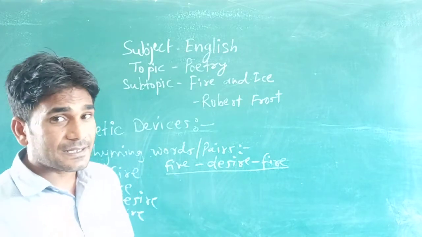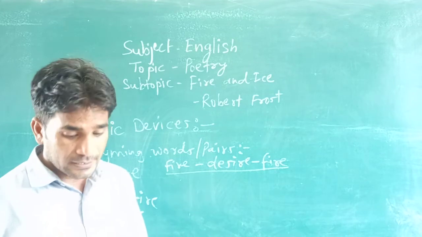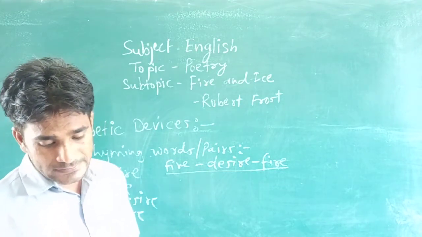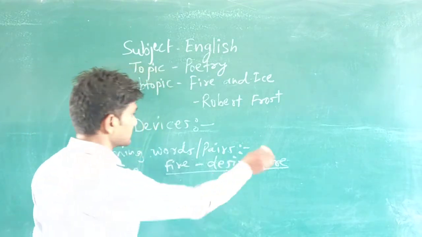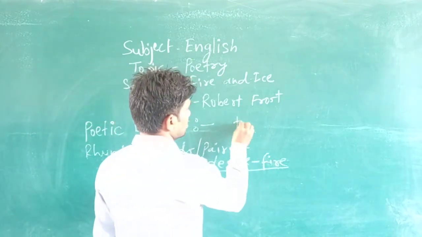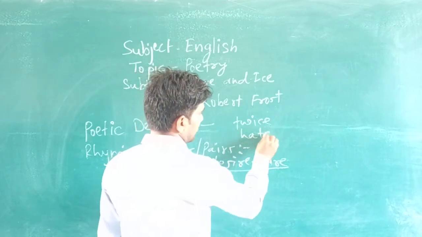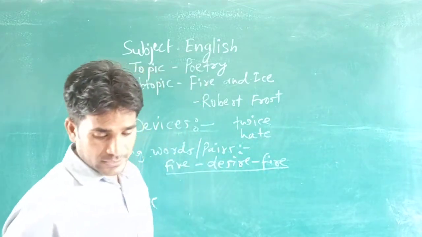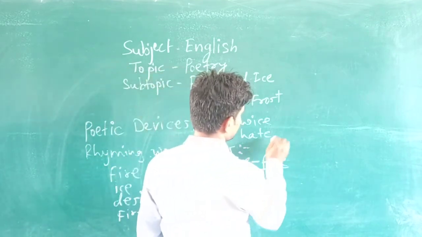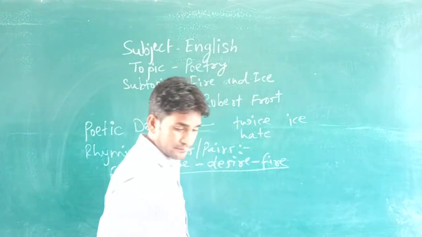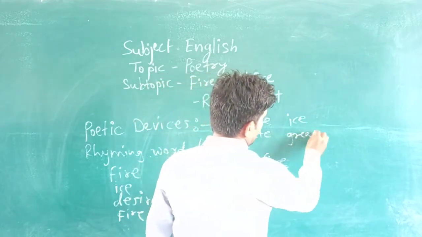Then in the second stanza, what are the rhyming words here? Look at these: twice, hate, ice, great, suffice. So twice, hate, ice, then great and suffice.